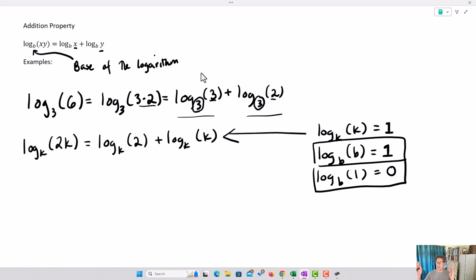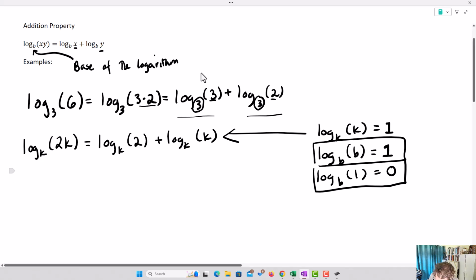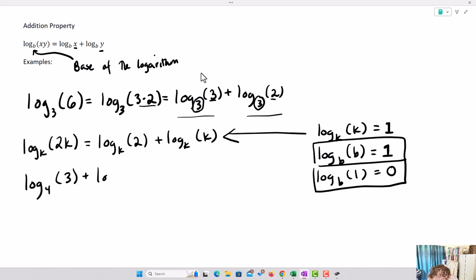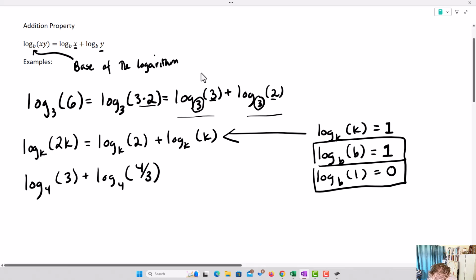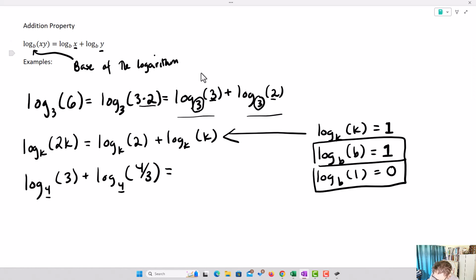Now let's go out and let's contract. Let's say, for example, I have log base 4 of 3 plus log base 4 of 4/3. Now I'll note that I have the same base for the logarithm, so I can use this addition property to now multiply inward.